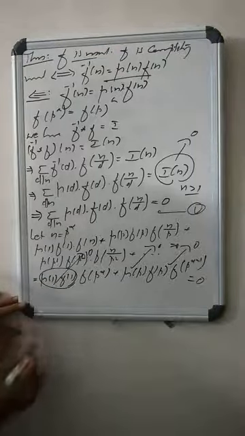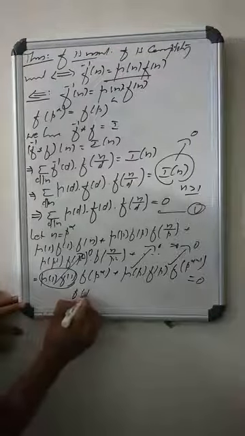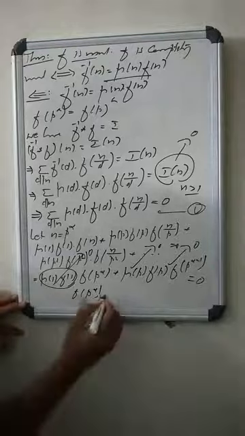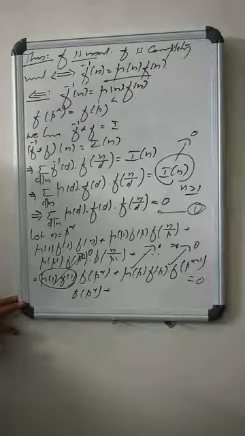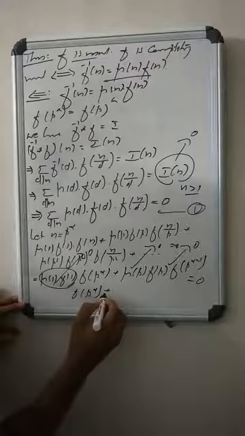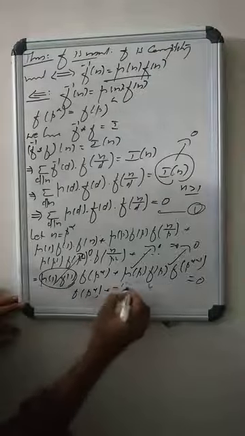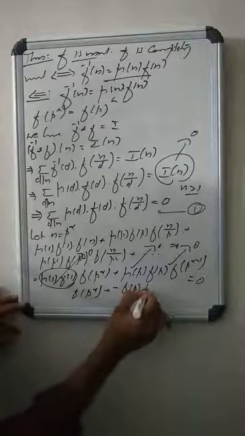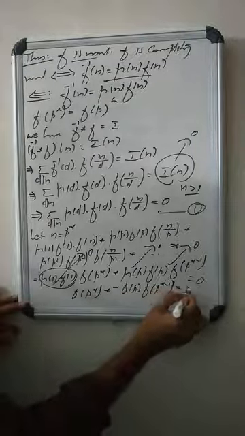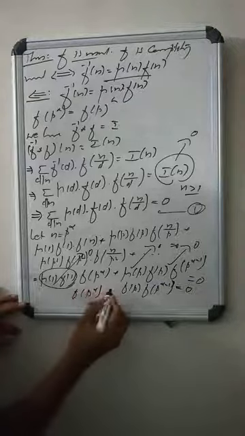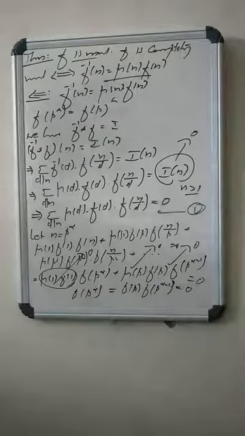What remains is f of p power alpha plus mu of p, which is minus 1, into f of p into f of p power alpha minus 1 equals 0. That means f of p power alpha equals f of p into f of p power alpha minus 1.